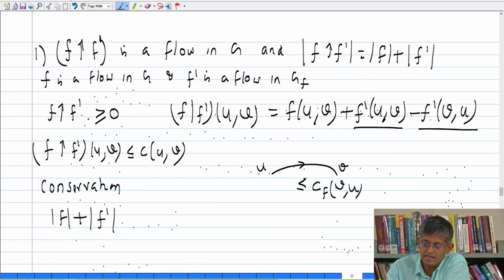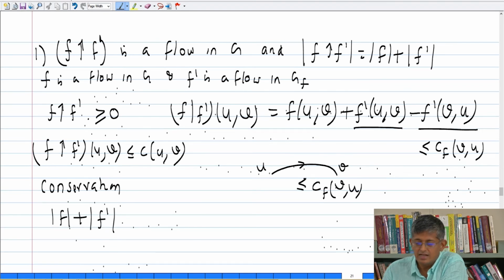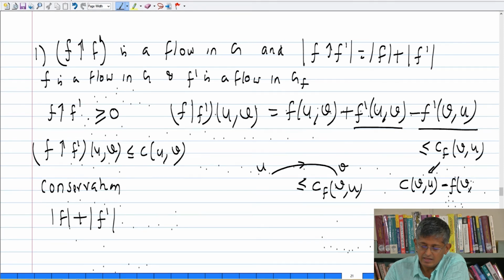The first inequality is that f prime of (v,u) is upper bounded by the residual capacity in f of (v,u). There are two possibilities here. You might have written this as c of (v,u) minus f of (v,u).